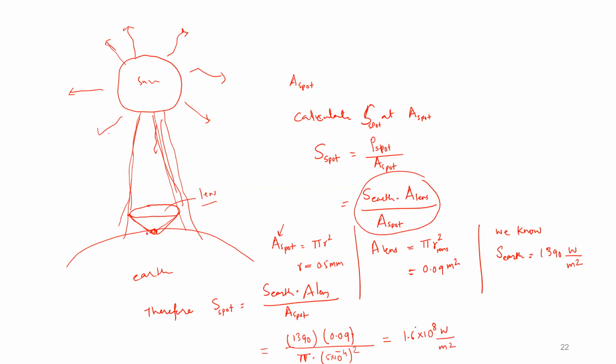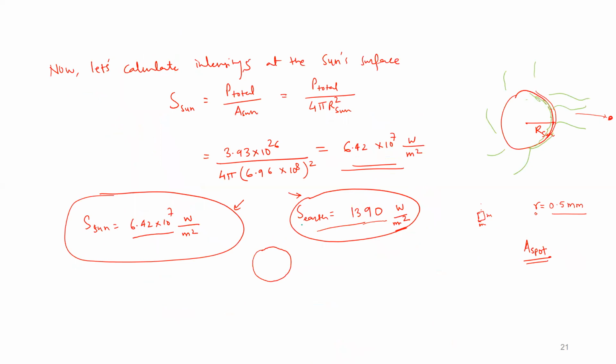So now compare this number. This is the intensity of the EM wave reaching this spot. You see, these rays came from the sun, went through the magnifying glass, and after the focus, those rays got gathered here. At this spot, the intensity is 1.6 into 10 to the power 8 watts per meter squared.